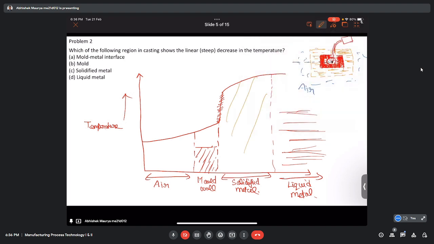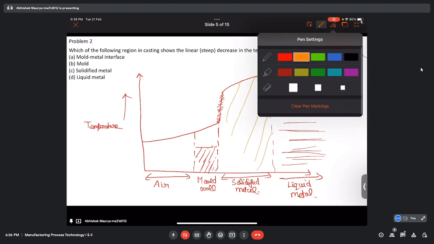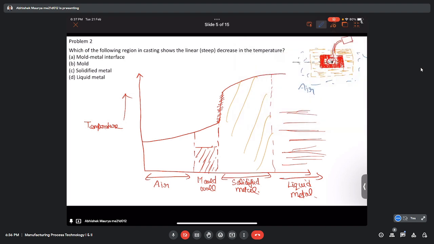It is here, and the region which is for the mold wall, this is the whole thickness of the mold wall, and that region is here, and outside of the mold wall this is the air which is shown here.